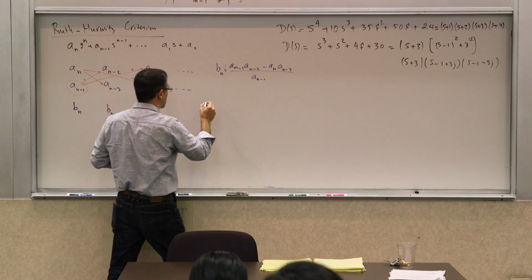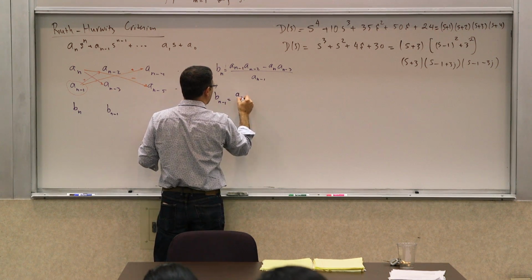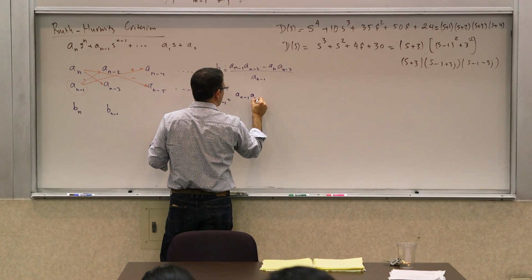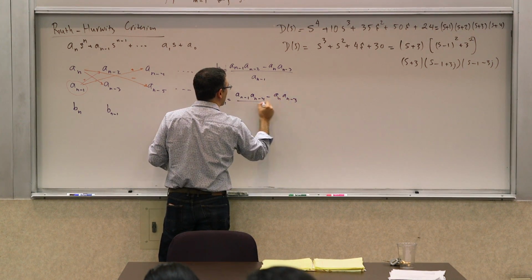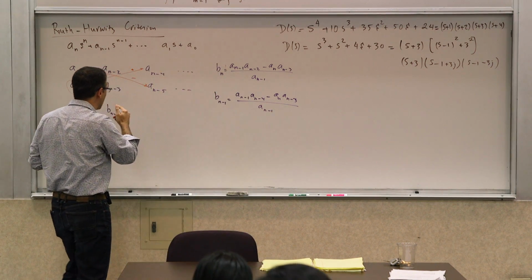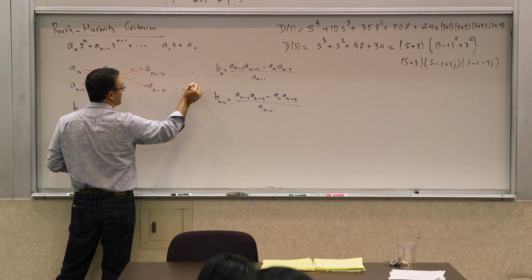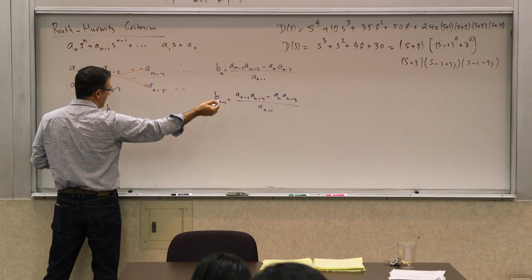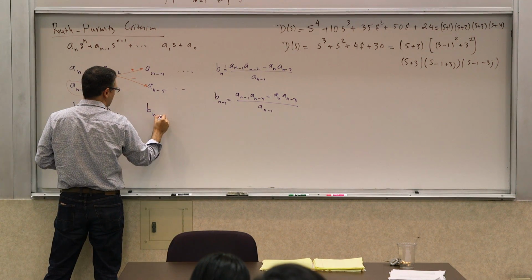In this case, it's going to be (a_(n−1)·a_(n−4) − a_n·a_(n−5)) divided by a_(n−1). And you keep doing this till you run out. And if you're missing a coefficient, it means it's 0. So you keep going, and then you fill up this table.